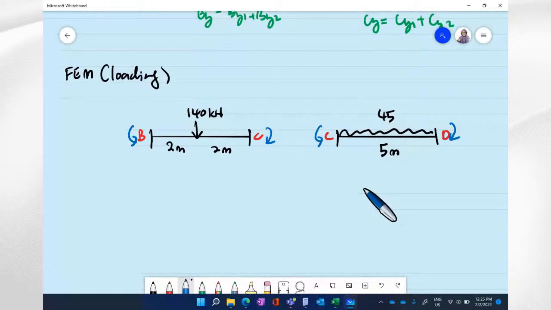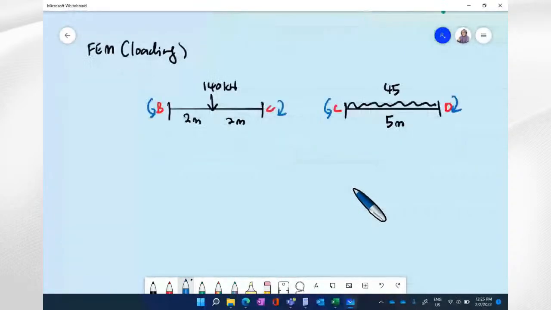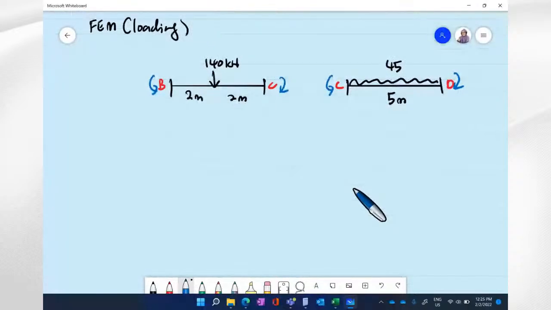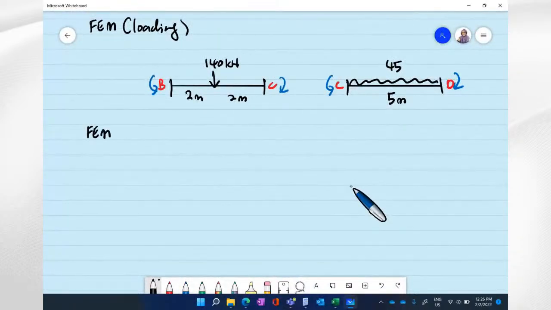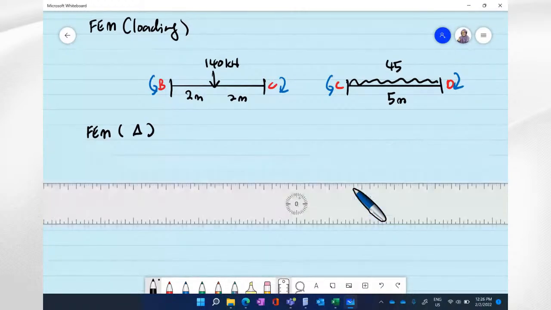And we need to understand that we also have fixed end moment due to support settlement, which is due to delta. In order to identify the behavior, we have to draw the beam and the settlement.